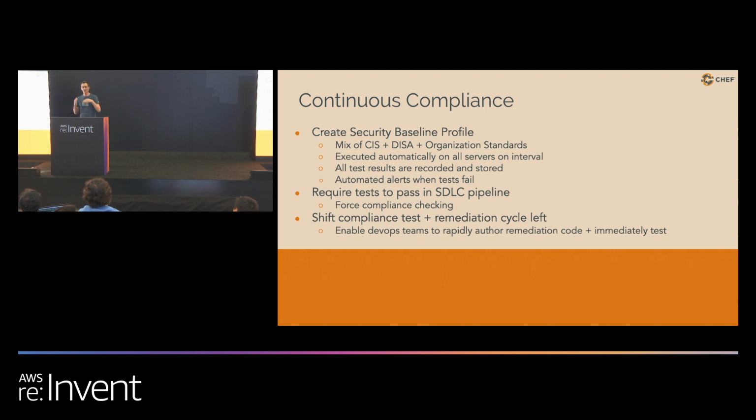And ultimately, what that does is it shifts that remediation cycle left to the developer, and the developer and the people on the DevOps teams are now able to either execute these tests manually to find out if their change is going to break compliance, or if their remediation is going to work, or their pipeline's going to do that for them. But it's going to, more importantly, gate any future change from breaking compliance if this is all implemented correctly.